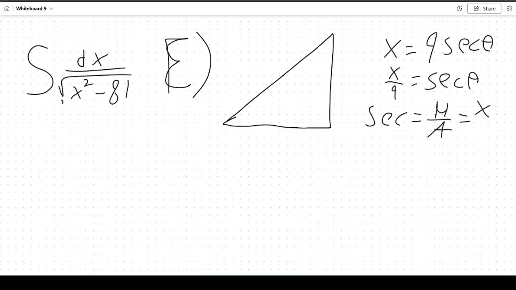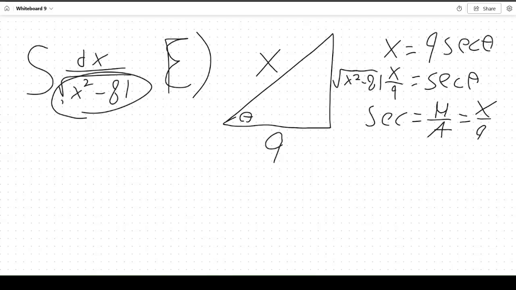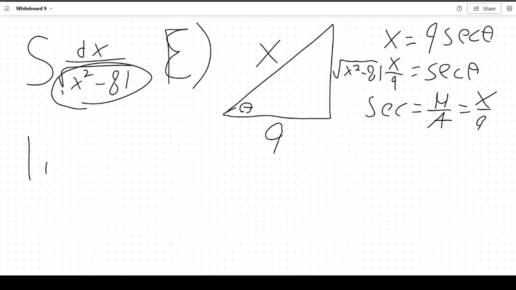So in this case, x would be the hypotenuse, and 9 would be the adjacent. And this would be the final missing slot. Again, our final values.